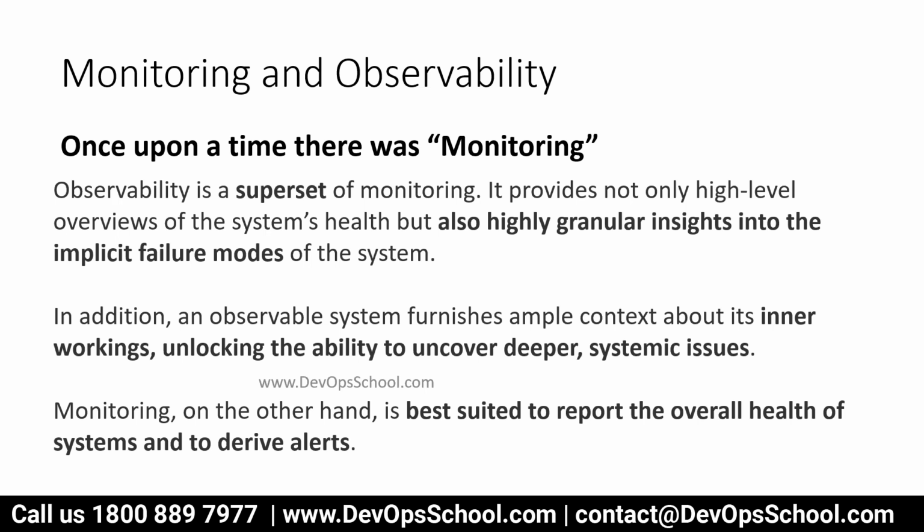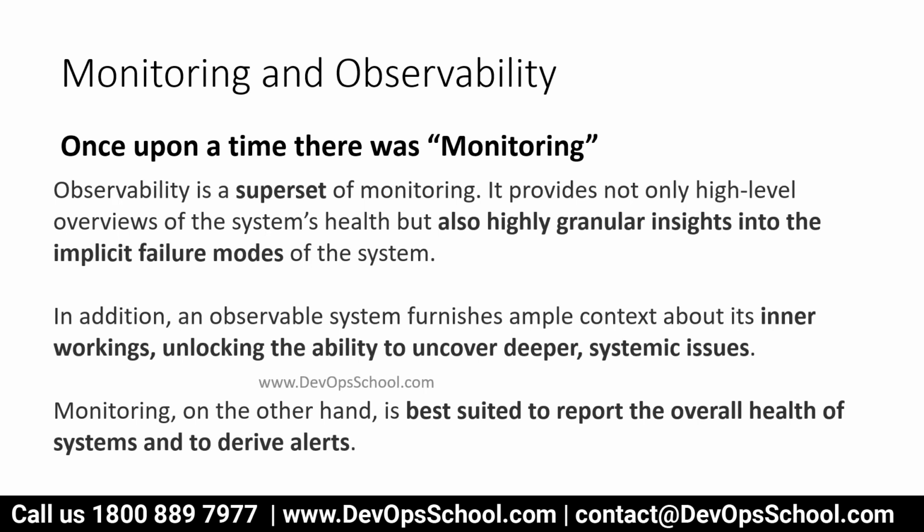It provides not only high-level overviews of system health, but also highly granular insight into implicit failure modes of the system. That means monitoring will give you high-level information, but observability will give you highly granular insight into the implicit failure modes. In addition, an observable system furnishes ample context about its inner workings, unlocking the ability to uncover deeper systemic issues.